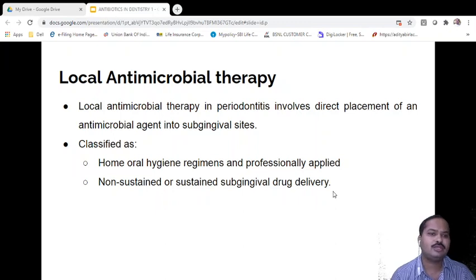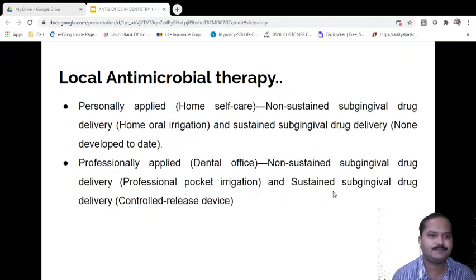So the local antimicrobial therapy has been classified as home oral hygiene regime and professionally applied regime, both of which can be non-sustained type or sustained type of subgingival drug delivery systems.